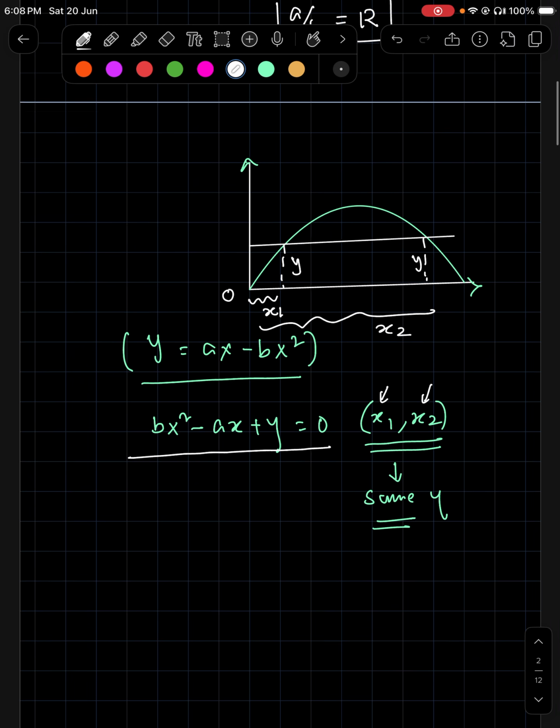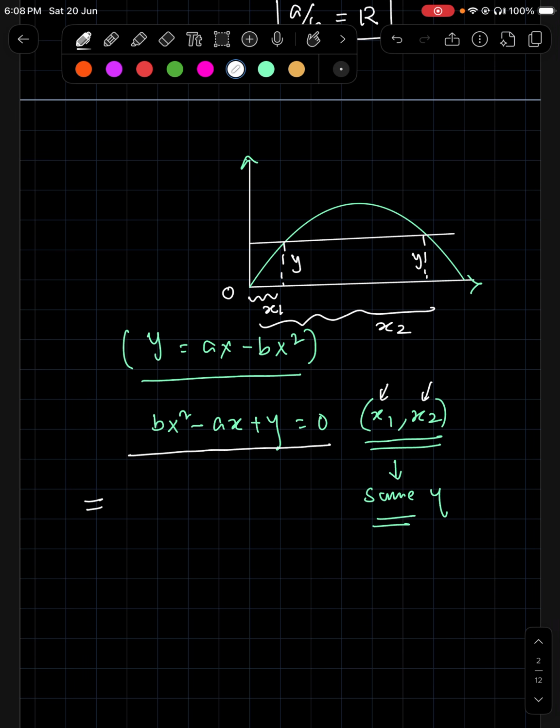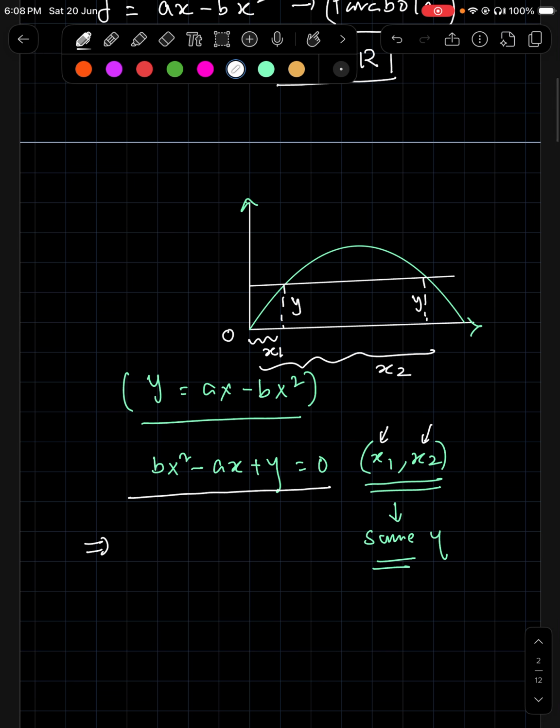Okay. Now I am going to rearrange the equation. Our aim is to find the sum of the horizontal displacements, that is x1 plus x2.